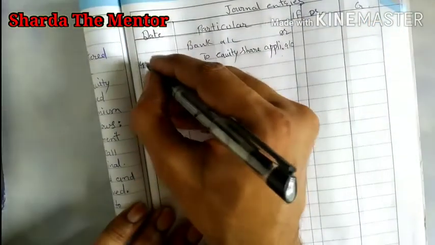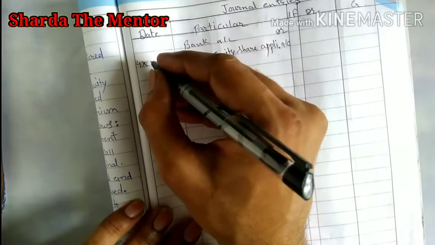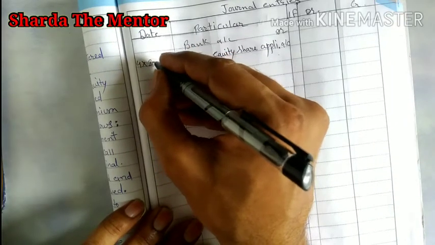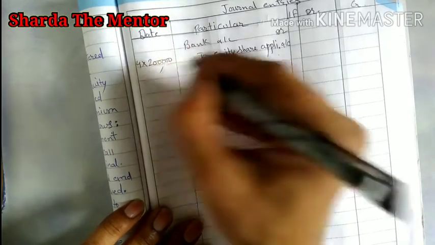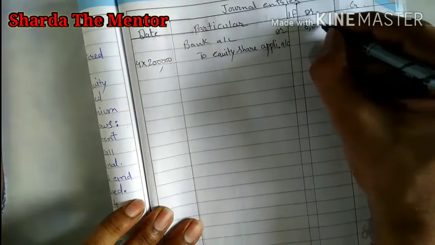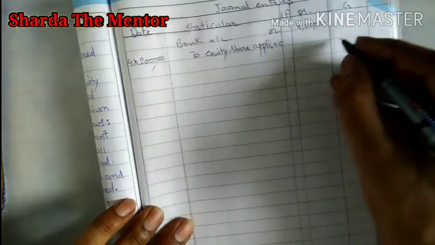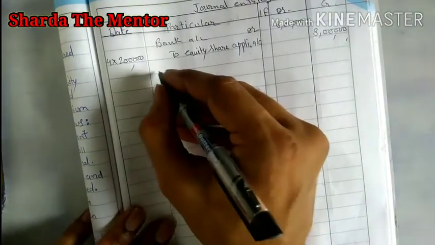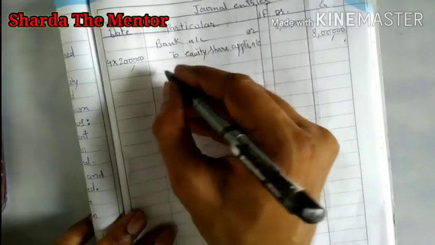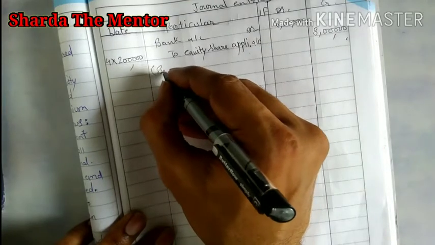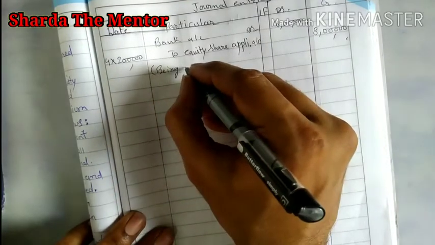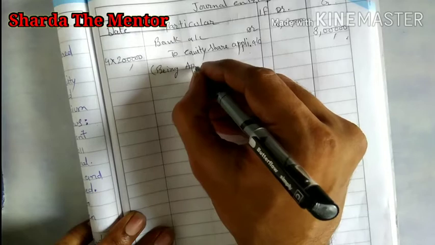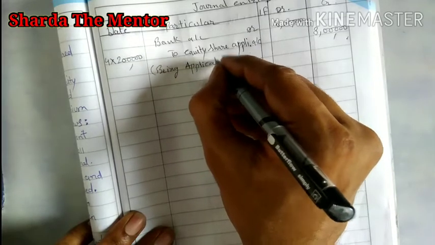As we already know, 4 rupees was called on application by the company on 2 lakh equity shares, so that will be 8 lakh rupees. In short, you can mention narration: being application money received.